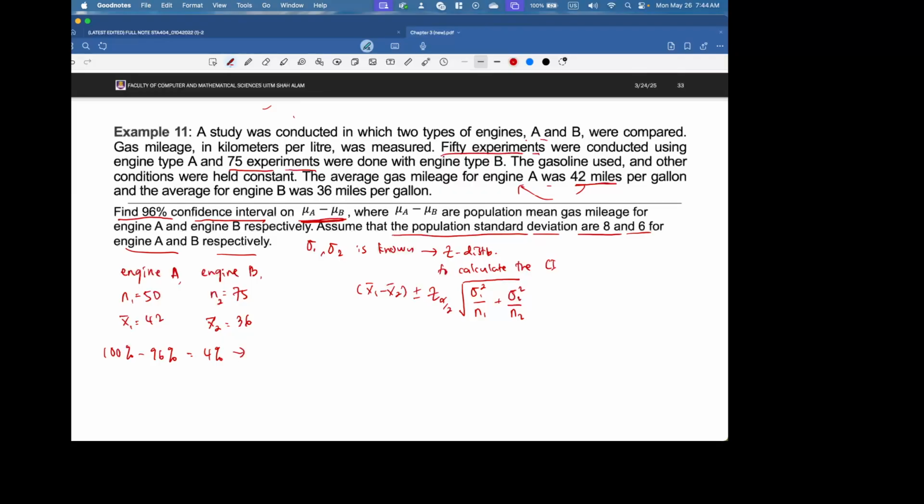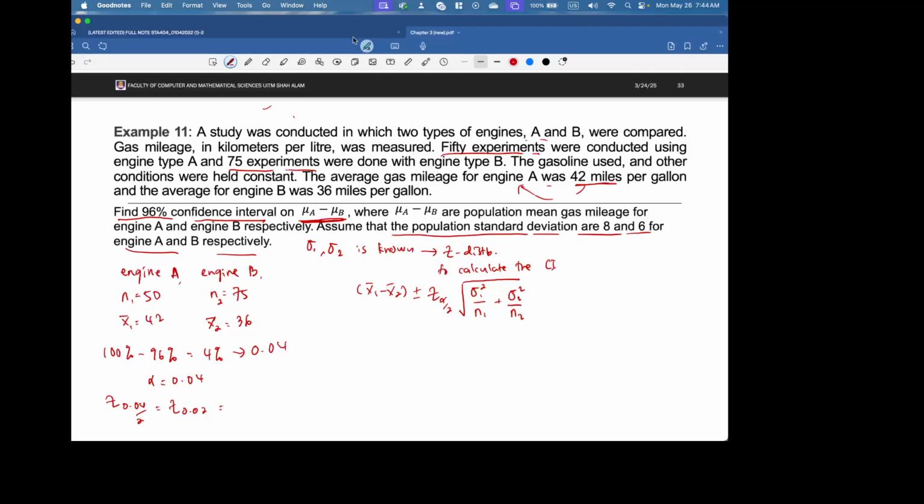Transfer this into decimal, so 4% is 0.04. So your alpha is 0.04. Now you have to find Z. Alpha divided by 2, 0.04 divided by 2, is 0.02, and you find this using your table.